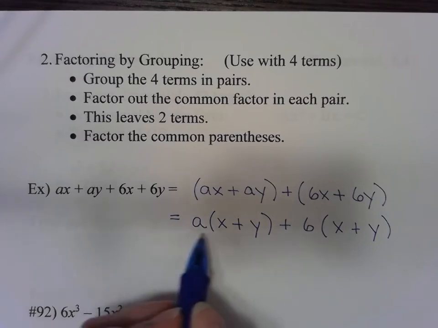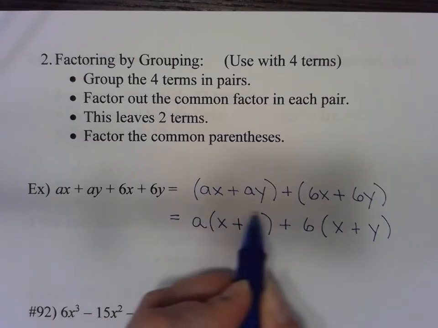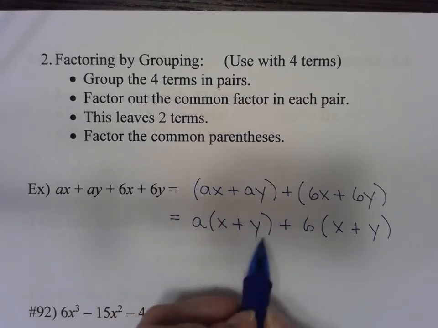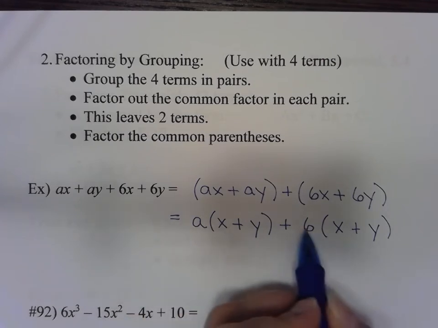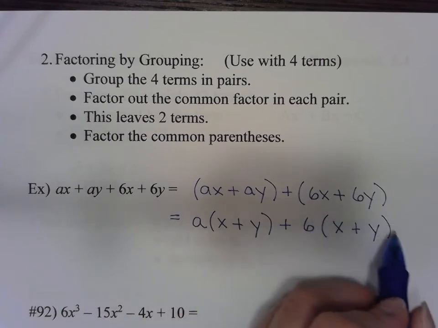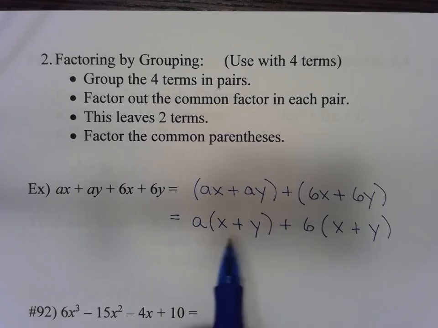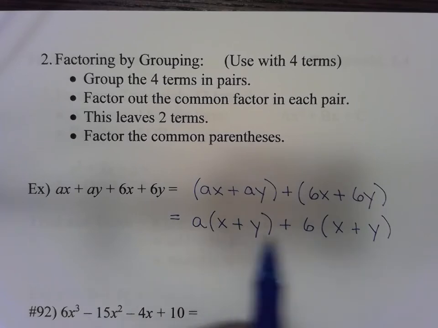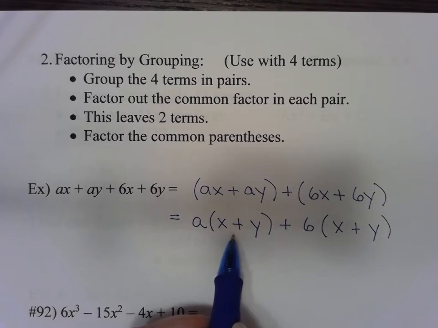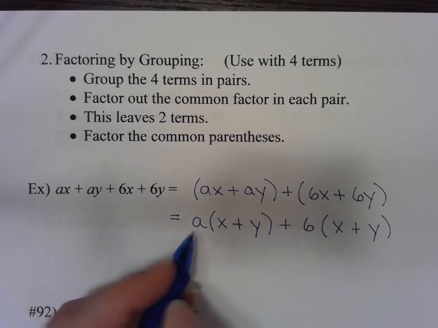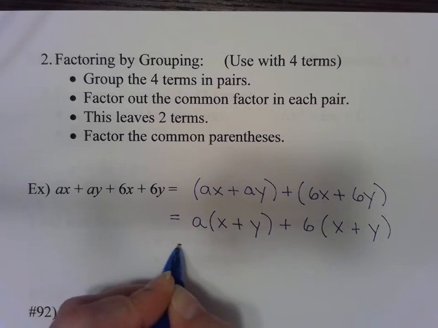Okay, these are those two big terms I was talking about. Here's one, plus here's the second one. So what do these two big terms have in common? They both have an X plus Y. So now I'm kind of doing the GCF again, and I'm using the parentheses as my common factor.